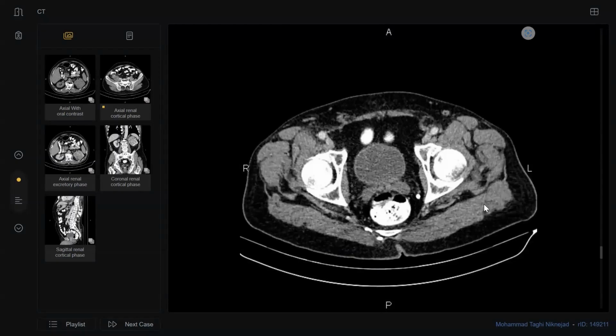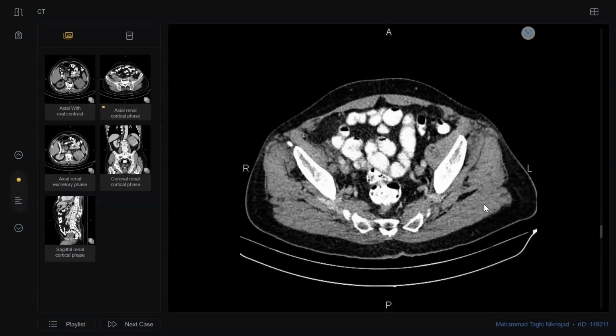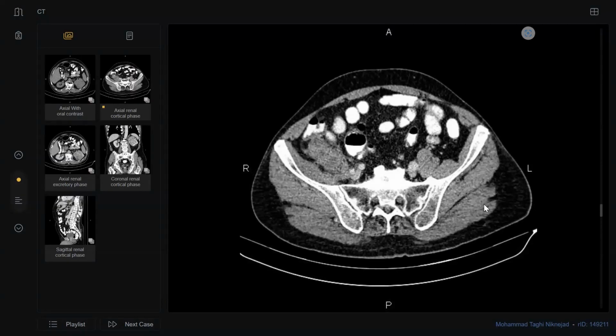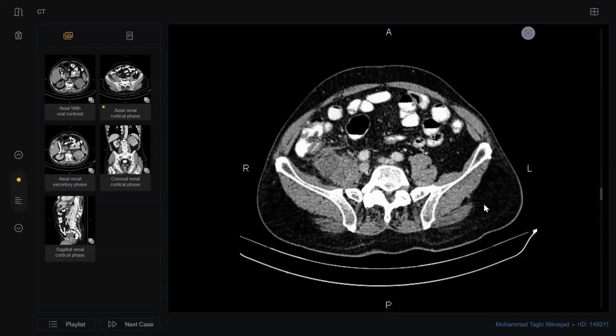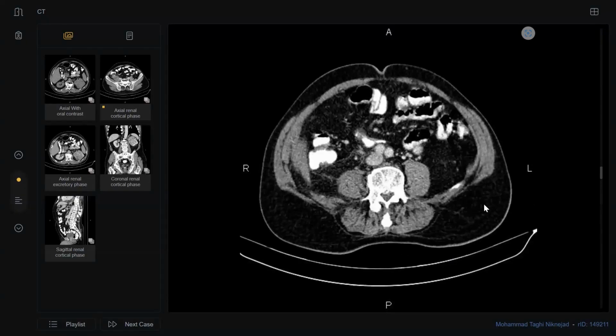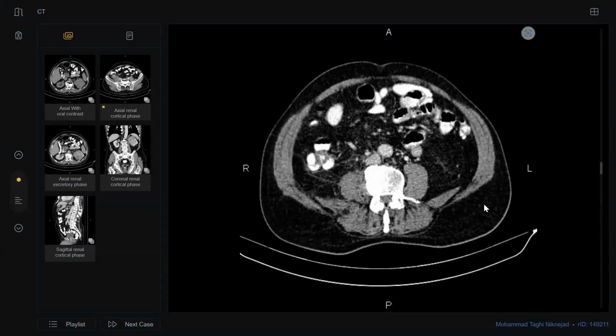Which malignancy? What is the name of this malignancy? So it can be, one, mucinous adenocarcinoma of the appendix with secondaries in the kidney and lung. The other possibility is left renal carcinoma with metastasis to the lung.